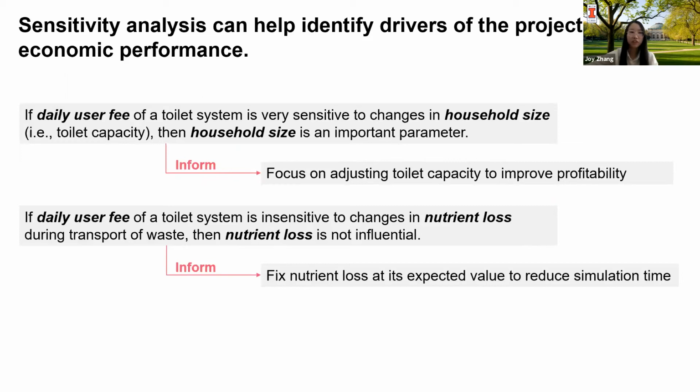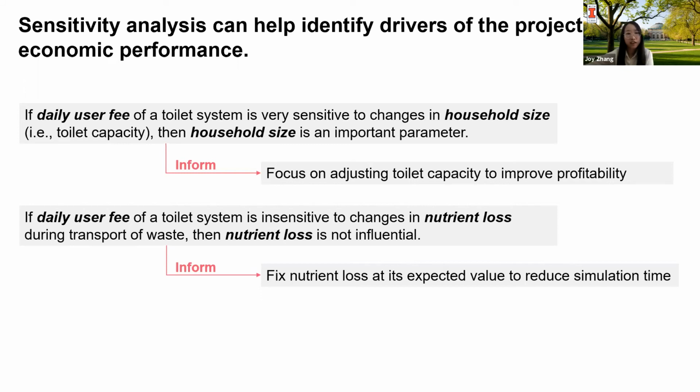For example, if we find out that the daily user fee we calculate is very sensitive to changes in household size, then we consider household size an important parameter, and when we try to improve the profitability of the project, we can try to adjust toilet capacity to serve a larger household size, for example.